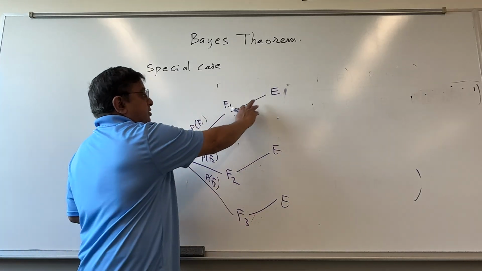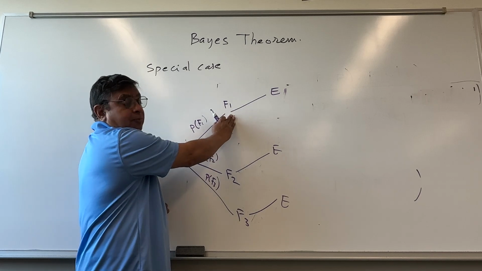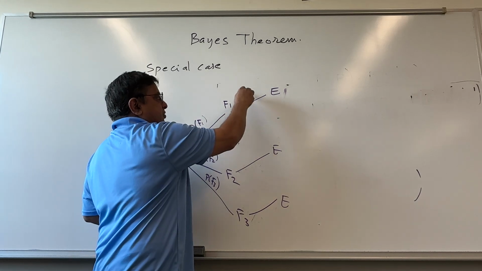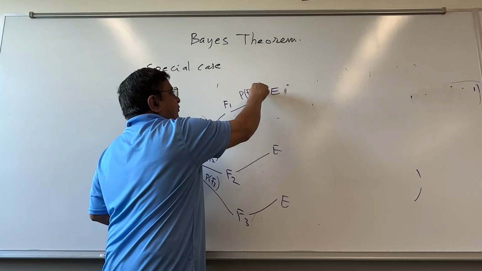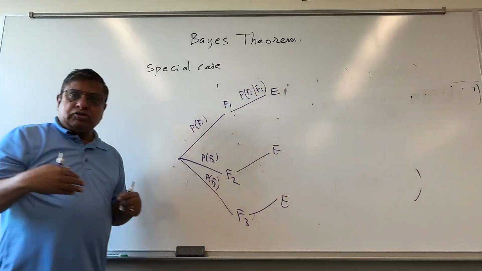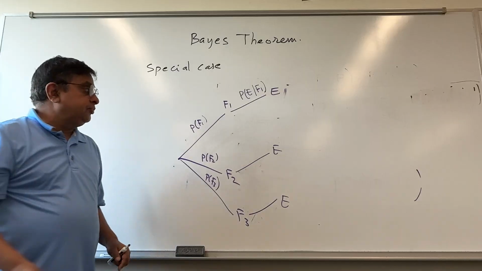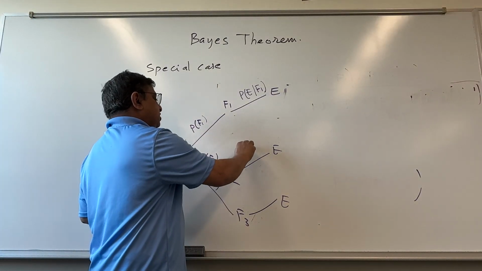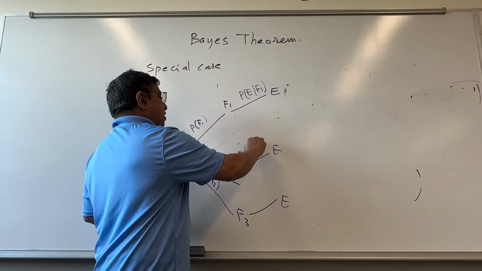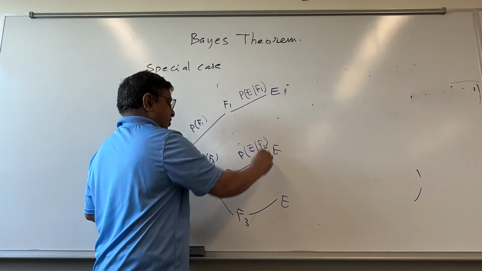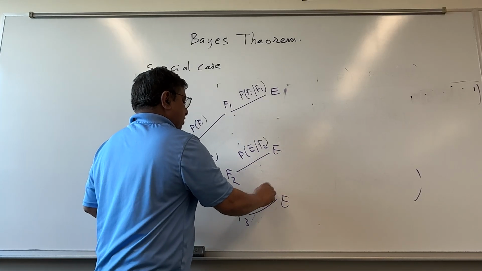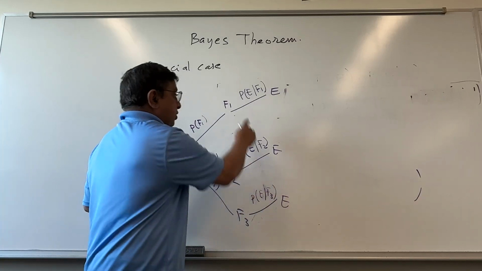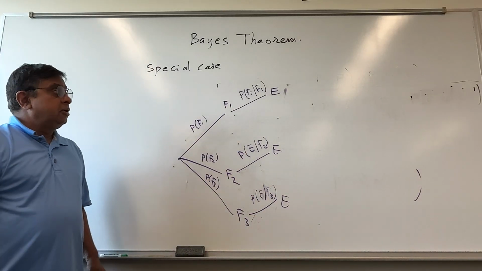And this means if F1 has happened, what's the probability of E? So this is your conditional probability P of E given F1. And usually that will be given to you. This one is the conditional probability E given F2, and this is probability of E given F3. So these will be given to you.